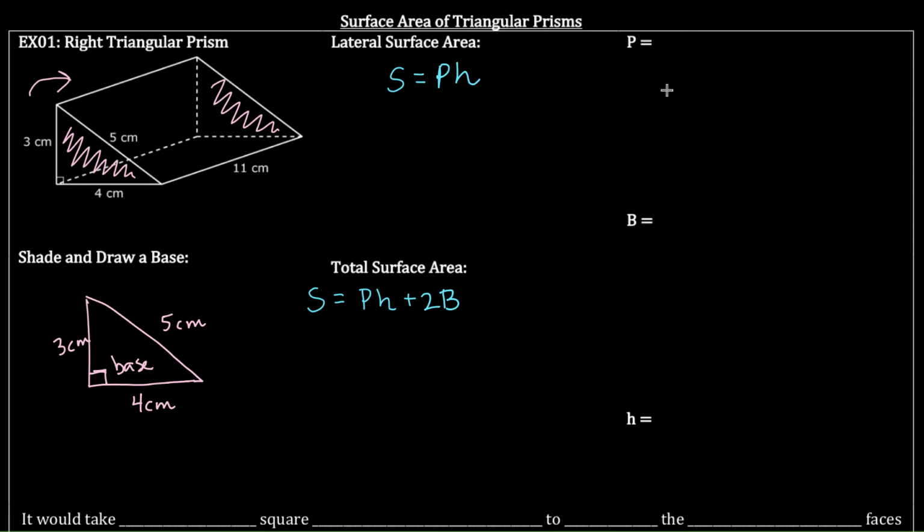So I need to find the perimeter of this base. Remember that the perimeter is going to be the distance around a shape. So 5 centimeters plus 3 centimeters plus 4 centimeters.